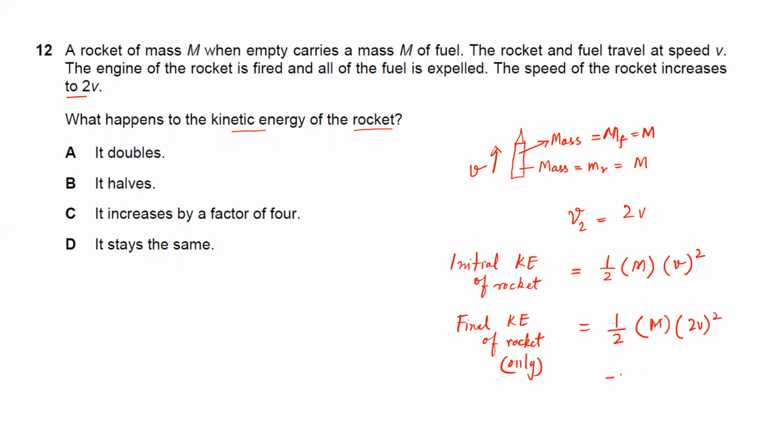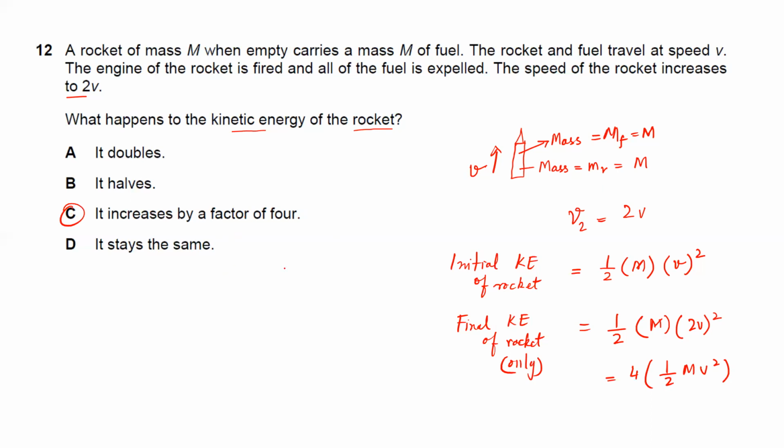So it is half m into 2v square, which is 4 times half mv square. The initial was half mv square, and this is 4 times half mv square. So it increases by a factor of 4. This is how it goes. So answer C will be the right answer, and that is what your marking scheme is saying.